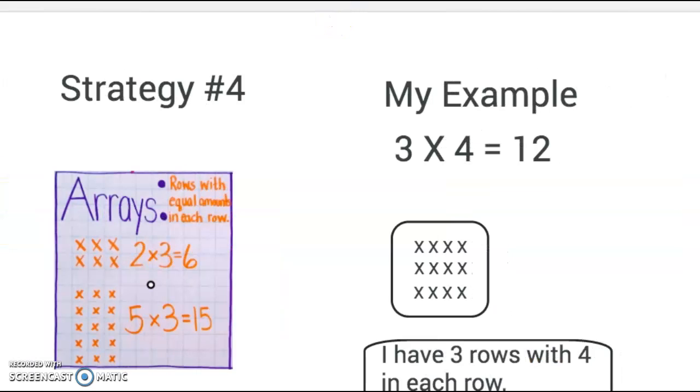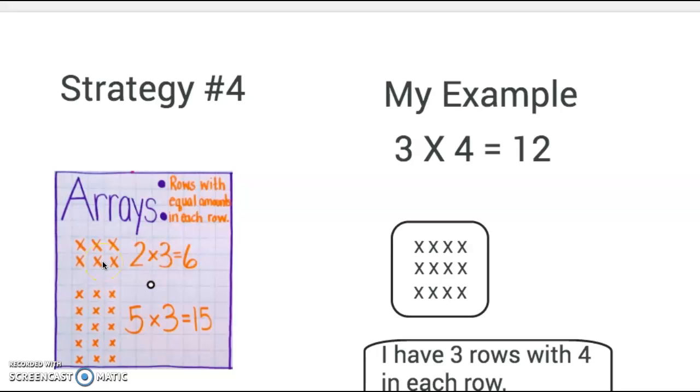The last strategy, strategy number 4, is making an array. An array is a graphic that has rows and columns of either X's or dots or any other type of picture or symbol that stands for a 1. And so in the strategy on here, it has 2 times 3 equals 6.